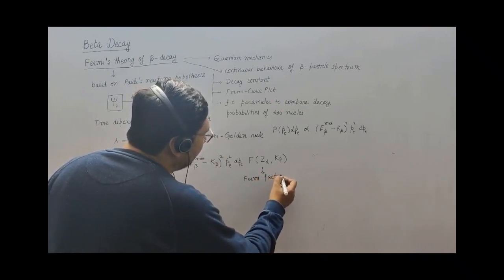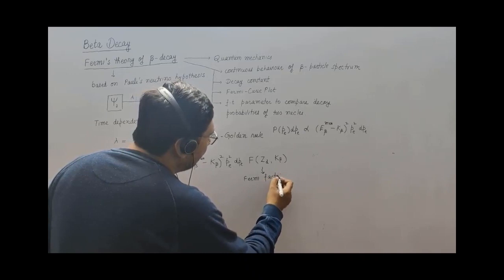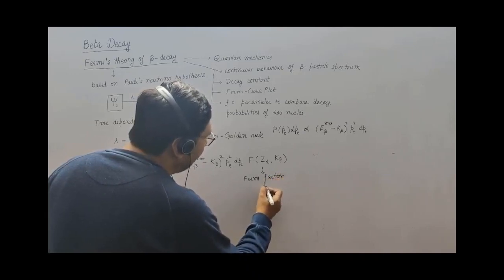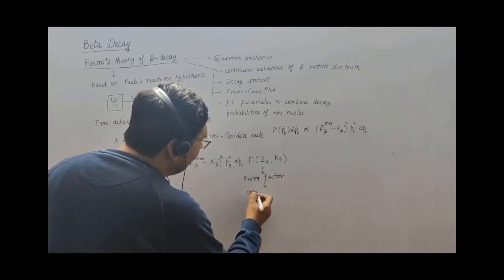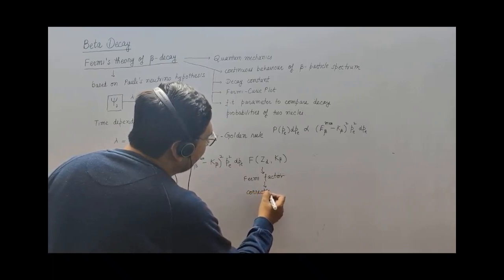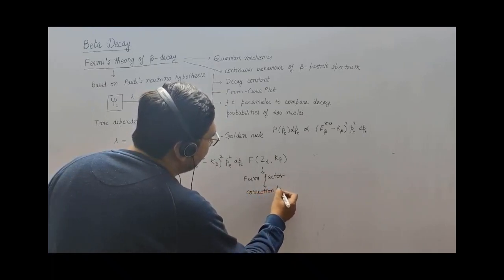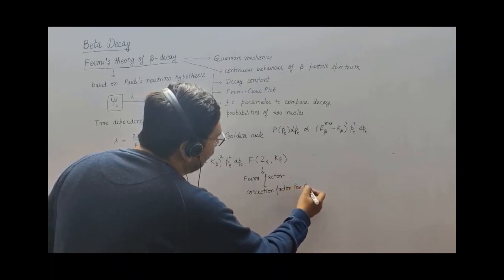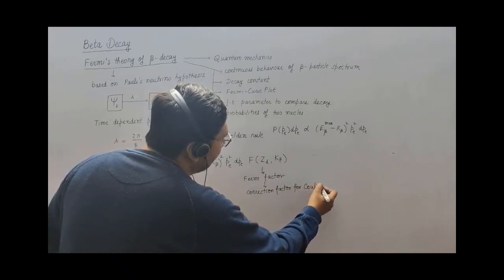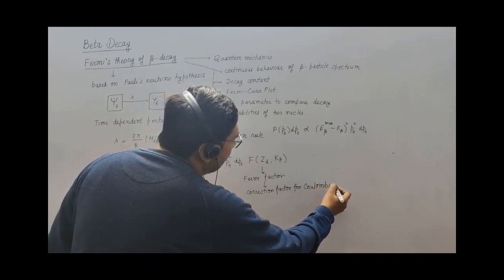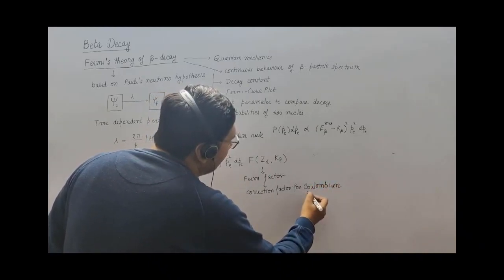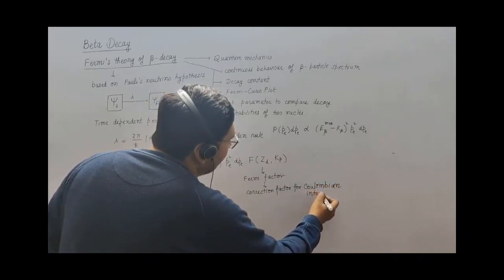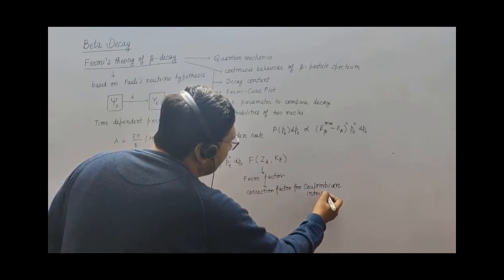The Fermi factor is a correction for the Coulomb interaction between the beta particle and the daughter nucleus.